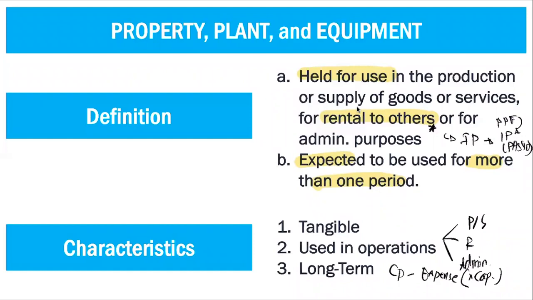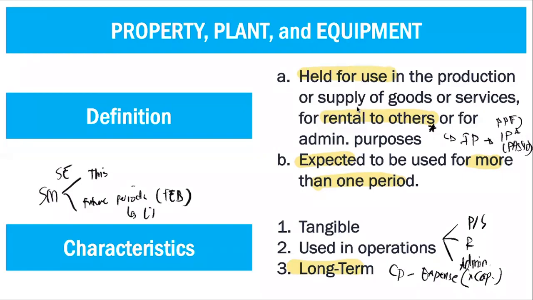Also, the same reason why some items of your expenses can be capitalized because of these long-term characteristics. Soon, when we go to your subsequent measurement, you will learn that you have your subsequent expenditures. And the subsequent expenditures can only benefit this period or your future periods. So when we say it benefits future periods, then there is a future economic benefit.